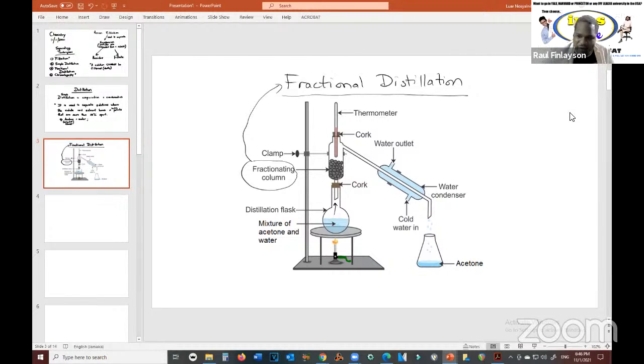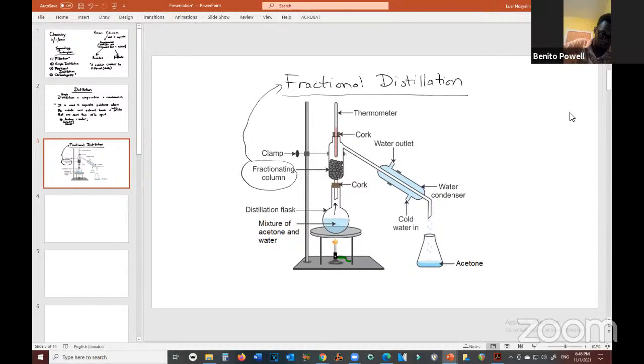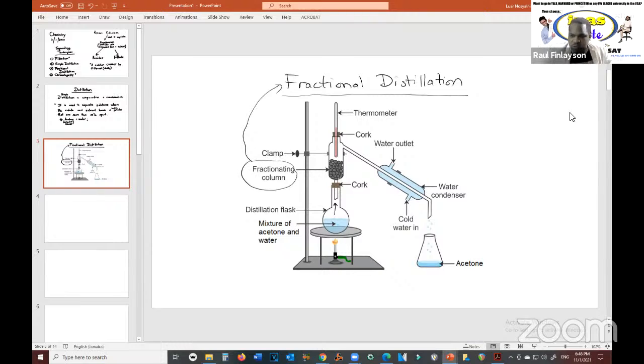But the acetone is light, so it passes through these little beads, and then you get the acetone. So this is actually better, it gives you more purity as well. But it takes a little longer in a sense. So you're going to evaporate and pass through the column before it reaches the condenser. All right, so that's the main difference. Again, we use this for separating.